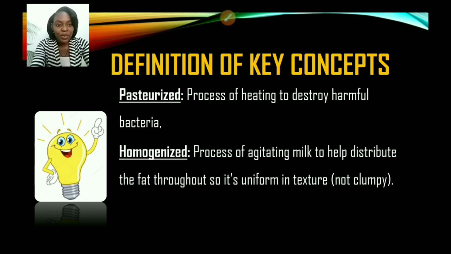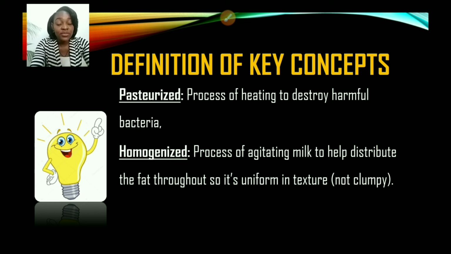Now, what is pasteurized or pasteurization? This refers to the process of heating to destroy harmful bacteria, right? So pasteurization refers to the process of heating to destroy harmful bacteria. Now, homogenized.